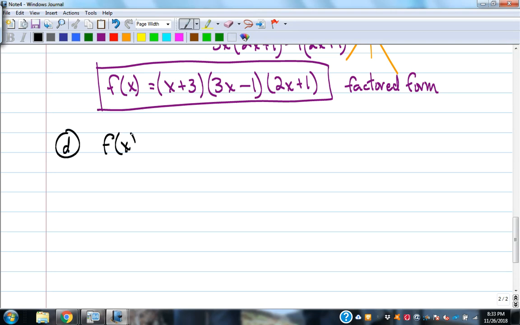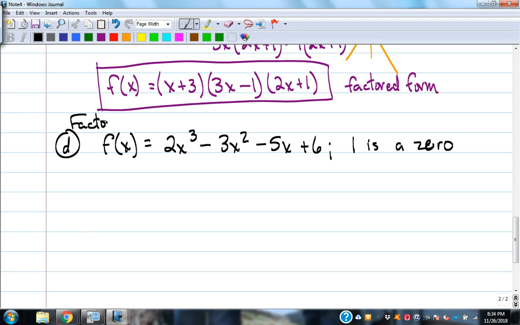Say here's our function 2x to the third minus 3x squared minus 5x plus 6. And they say one is a 0. And we want to factor completely.